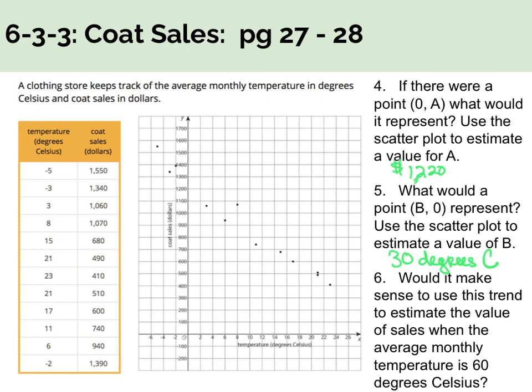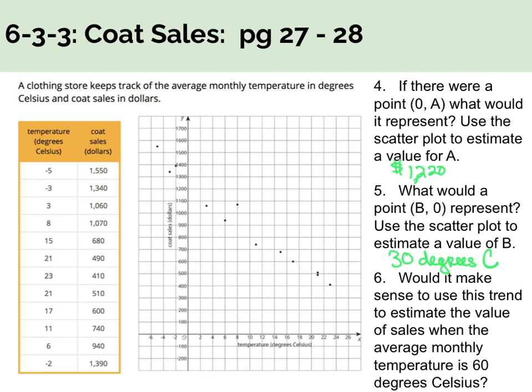And then part C: would it make sense to use this trend to estimate the value of sales when the average monthly temperature is 60 degrees? Explain your reasoning. So would this work if we had 60 degrees? Honestly, if we follow the graph, reading it from left to right going down, would this work for 60 degrees? Not really. It doesn't make sense, because 60 degrees is hotter than has been recorded on Earth.